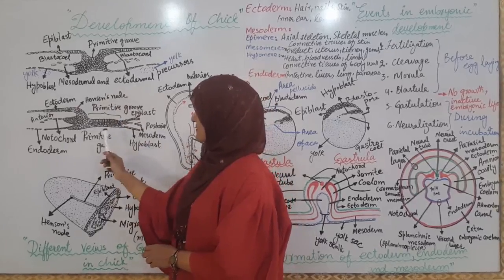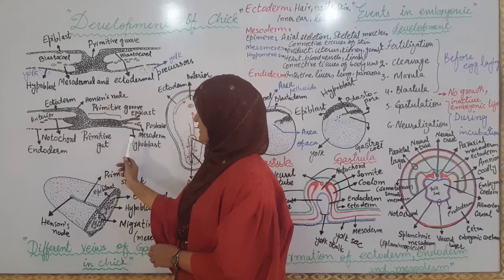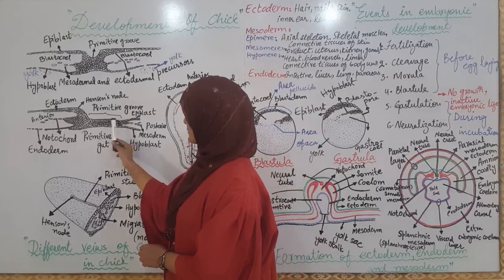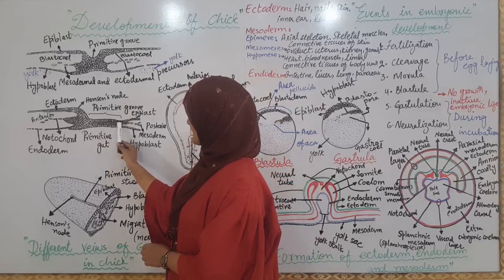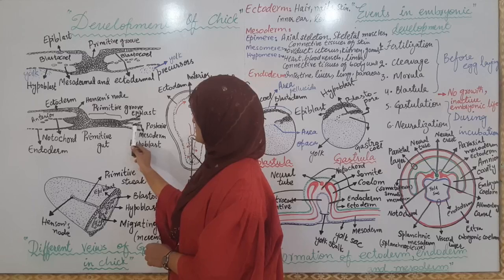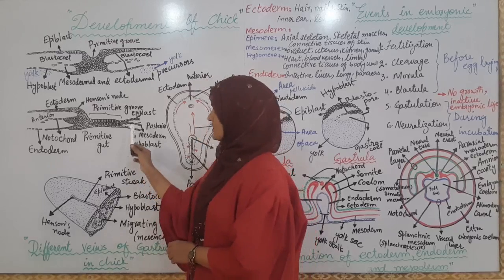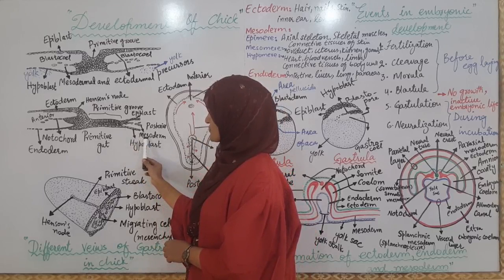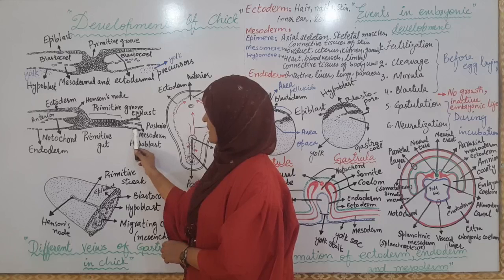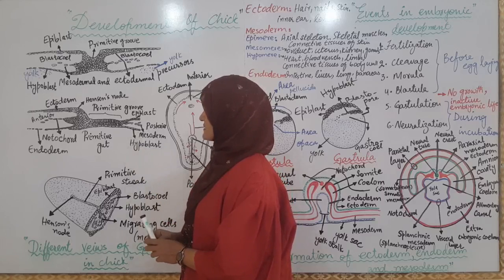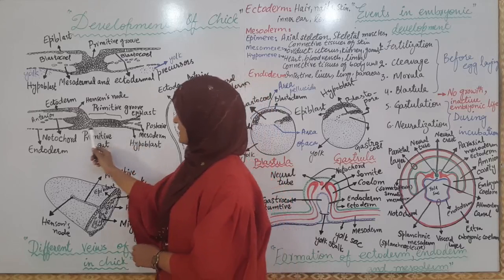while this is a lateral view of gastrulation, in which you can see that on the posterior side of the primitive streak, cells of the epiblast move laterally, in the result of which mesoderm is formed, while with the hypoblast, epiblast mingles, in the result of which endoderm is formed. This is the endoderm.